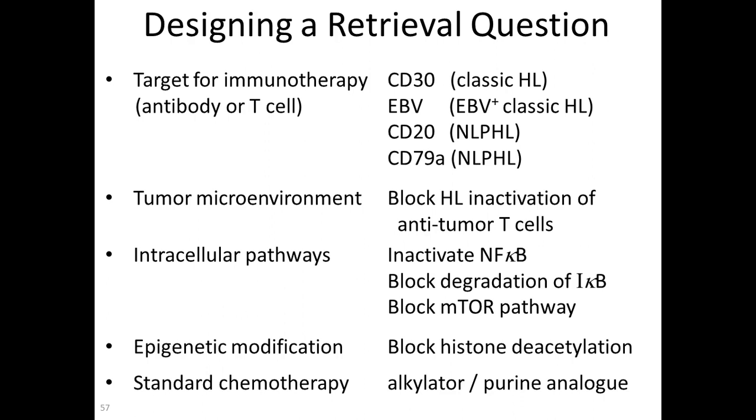I would look at things in the tumor environment, so, for example, blocking Hodgkin lymphoma activation of anti-tumor T cells, like with checkpoint inhibitors. I'd look at drugs that target intracellular pathways, something that might inactivate NF-kappa B or block degradation of I-kappa B, etc. So these are things that I would think of if I were going to try and ask a retrieval question on the test.